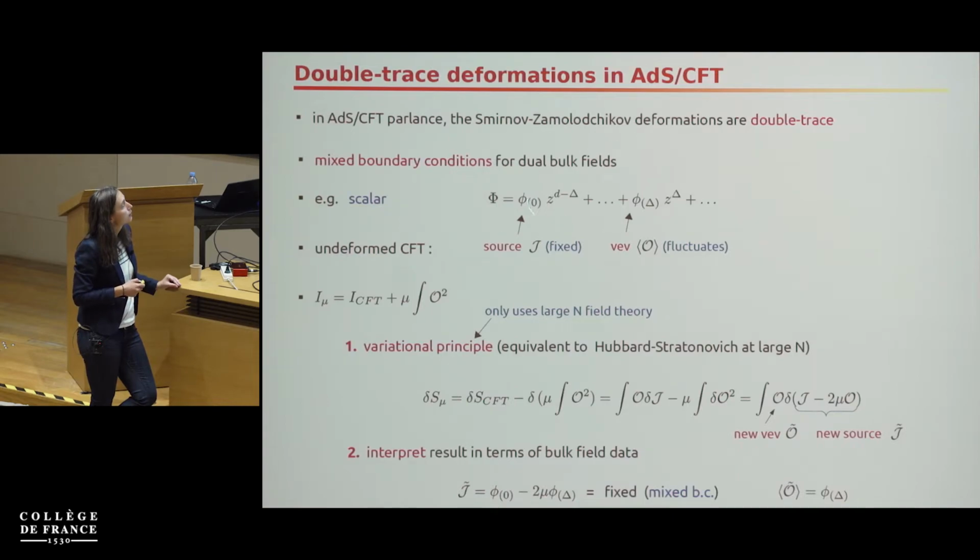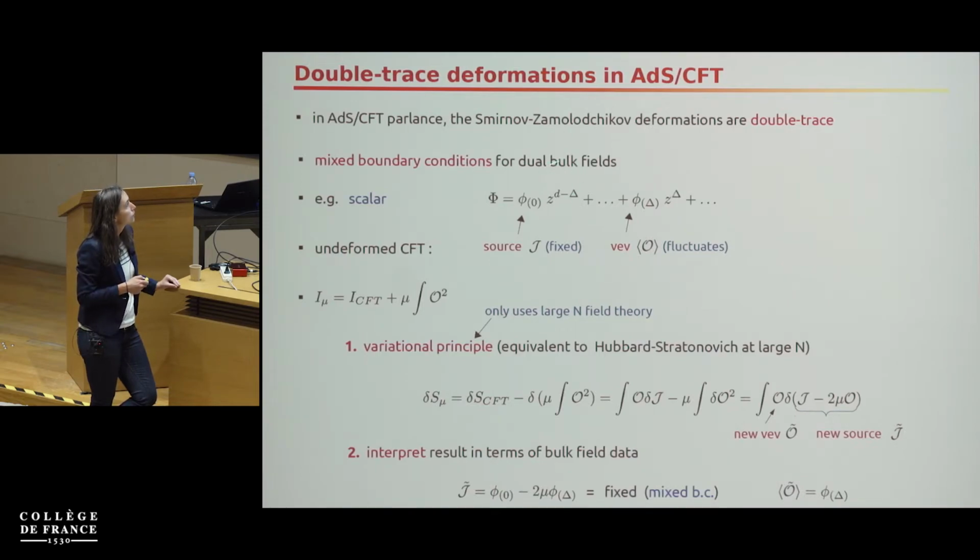Okay, so if you take the example of a scalar field in AdS, you can just solve the asymptotic equations of motion. Z is a radial coordinate, and you find an expansion; it's a second order differential equation. So there are two solutions which start with these powers of the radial coordinate.